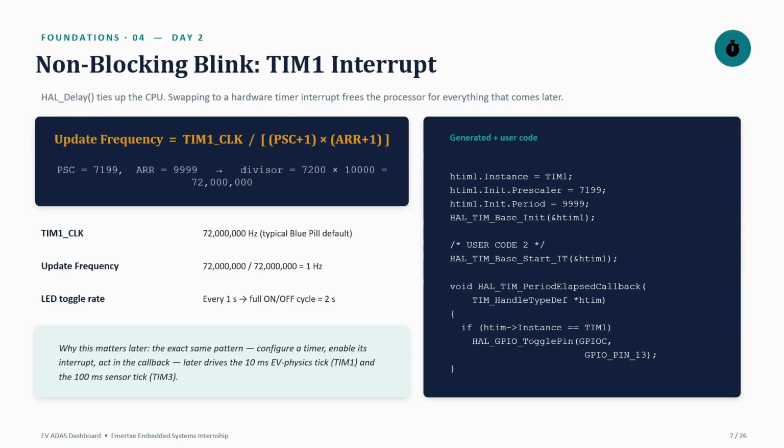Our timer clock is running at 72 megahertz, the typical Blue Pill default, and dividing 72 million by 72 million gives 1 Hz, a rate of once per second for toggling the LED.